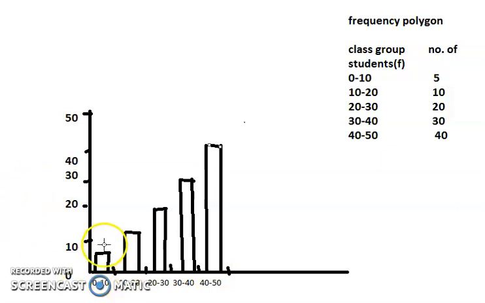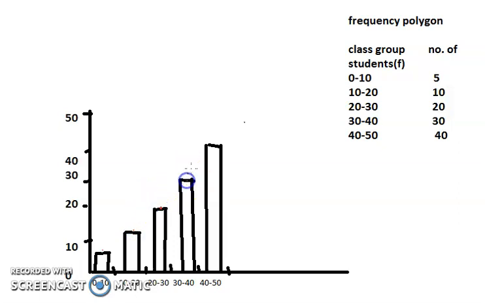Now you will find the midpoints. All the midpoints you need to find out. Here it is the midpoint. Here. This one is the midpoint. This one is the midpoint. This one is the midpoint.